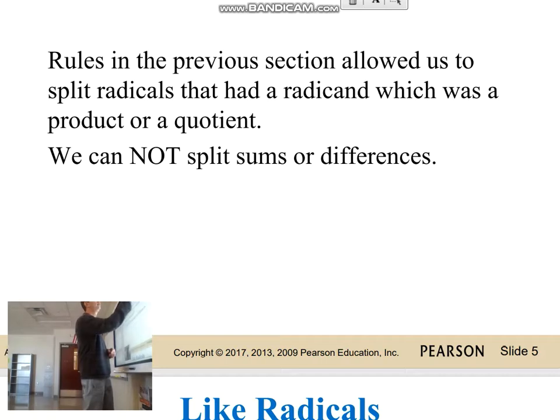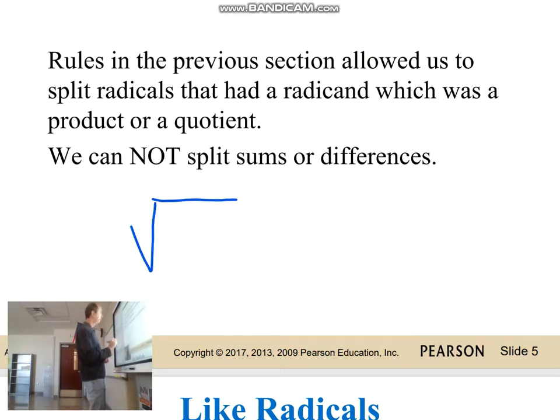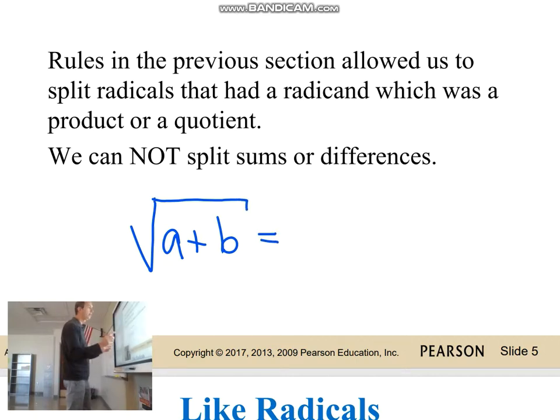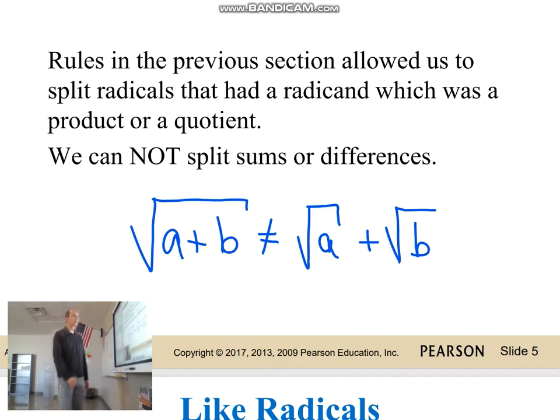So let's say we have the square root of a plus b. You cannot split this. It is different from the square root of a plus the square root of b. You cannot say this is an equality, because it's not.